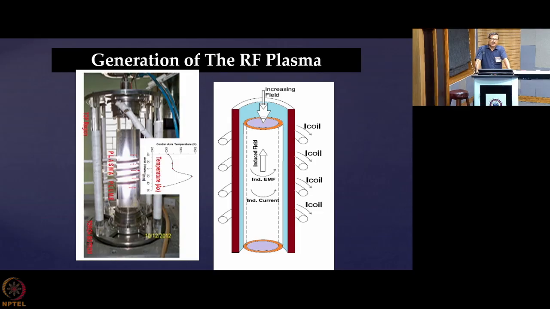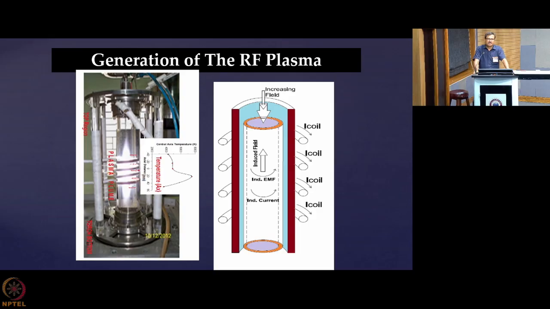We have shown how the radio frequency plasma is generated there. So in arc and these RF plasma devices, which usually operate at atmospheric pressure or very close to atmospheric pressure, the plasma generated is mostly thermal plasma. There may be a little bit of non-equilibrium near the edges, but the core region is mostly thermalized.